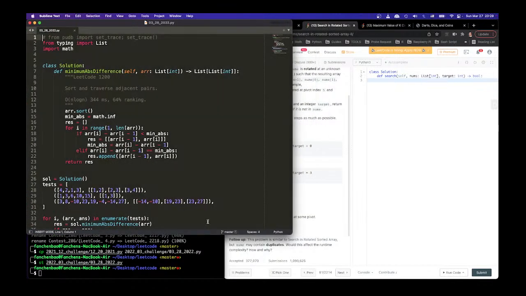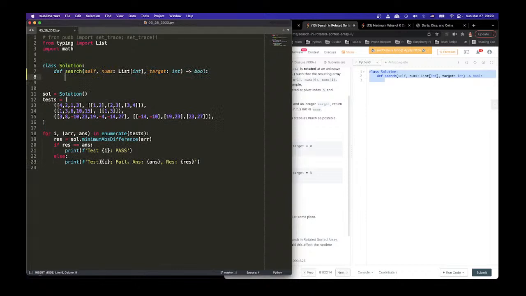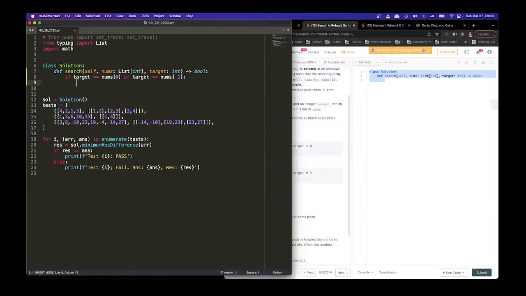All right, let's try this. Okay, so if target is equal to nums[0] or target is equal to nums[-1], then we return true.